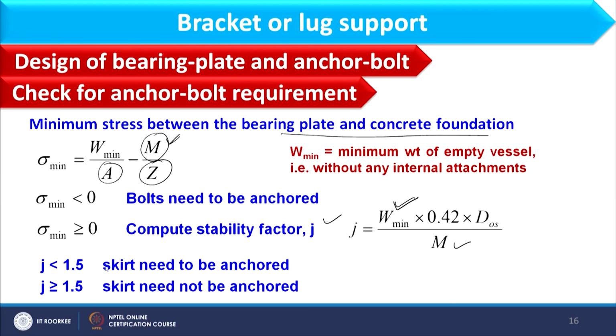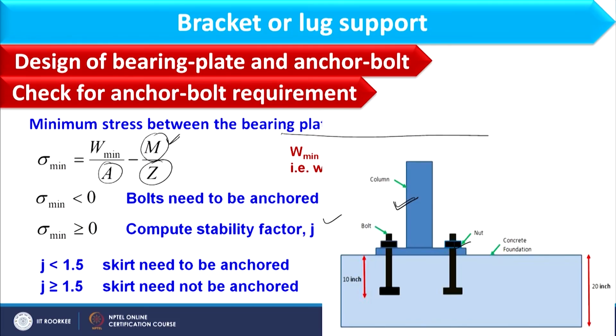Here skirt is written mistakenly, at this place support should come. So, when J is less than 1.5, support needs to be anchored, and if J is greater than or equal to 1.5, support need not be anchored. Okay. So, let us see what is anchoring.